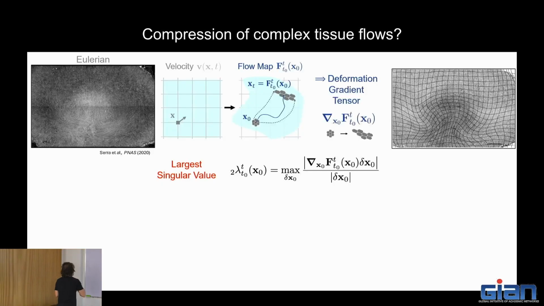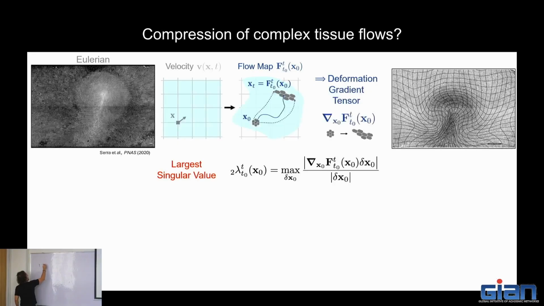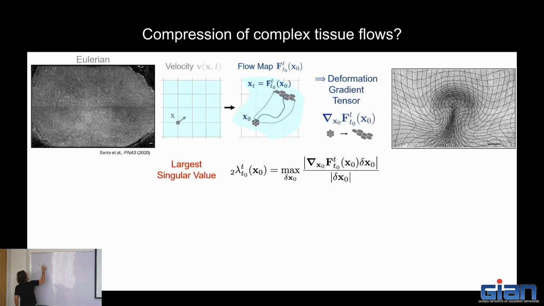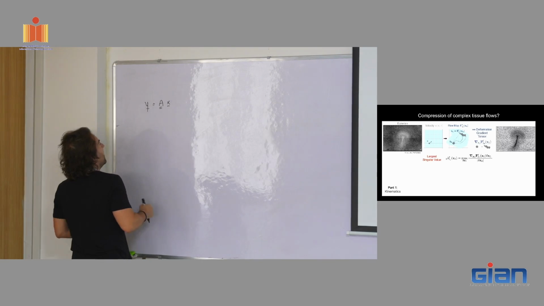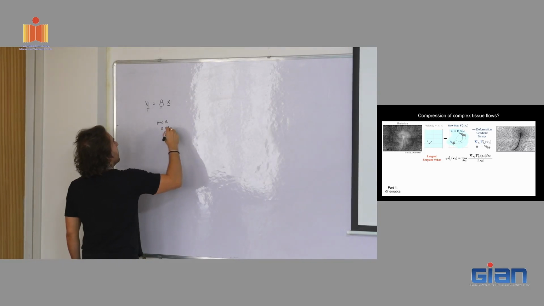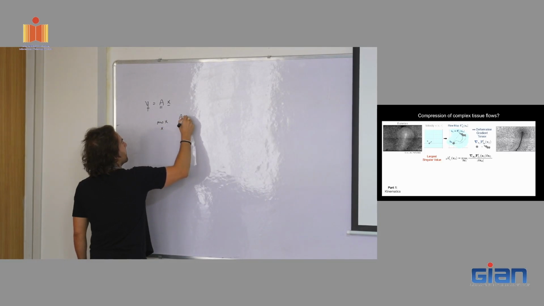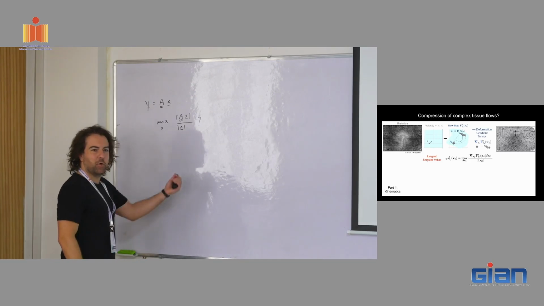If you have a linear relationship like that, and A is a matrix, 2 by 2 in this case, but in general, and you ask to maximize with respect to x the norm of Ax divided by the norm of x, do you know what the answer is?